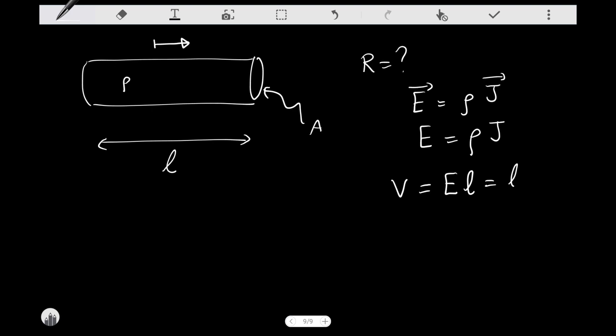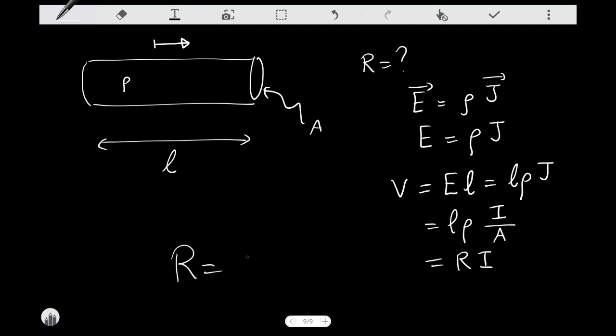So that's length multiplied with resistivity times the current density. And the current density is just the current divided by the area. Okay, so this is R times I, and therefore R must be the coefficient of proportionality in here. So it's the length multiplied with resistivity divided by the area.